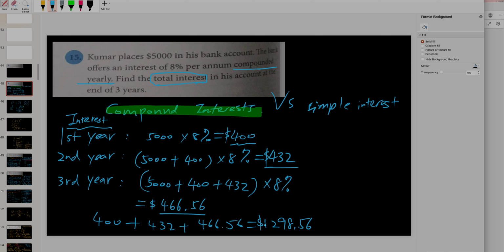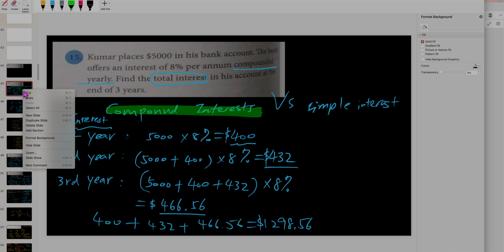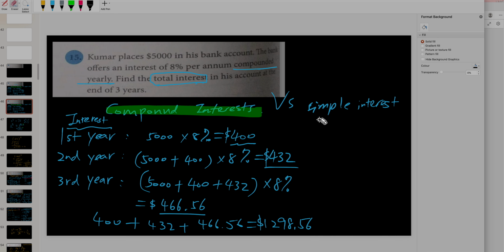Okay. So if you don't want to do it this way, you can do it another way. So this is approach 1. So this is approach 2.